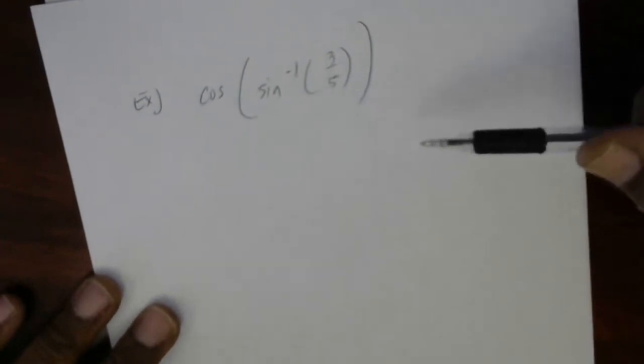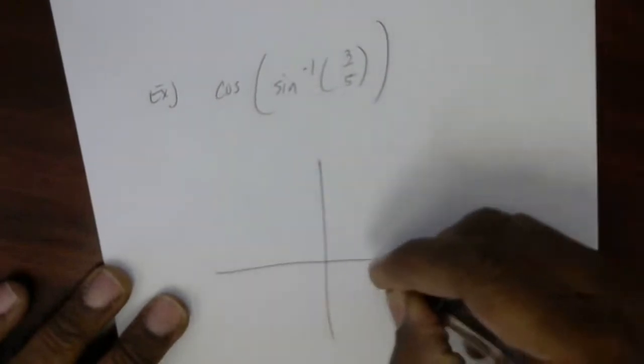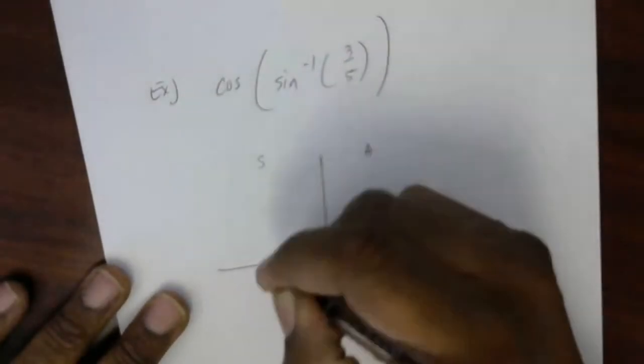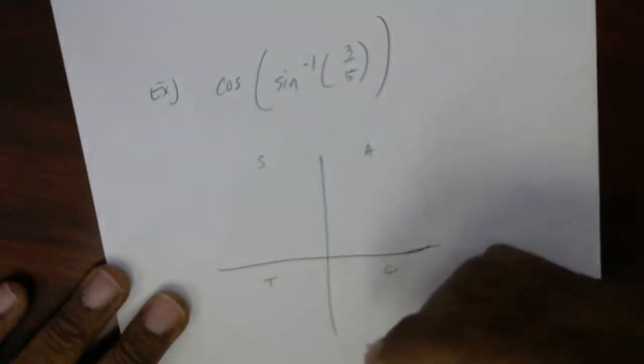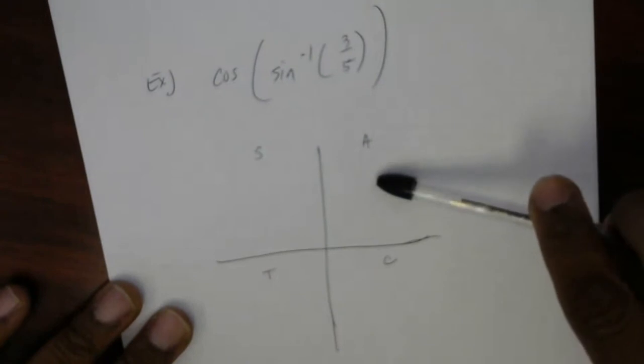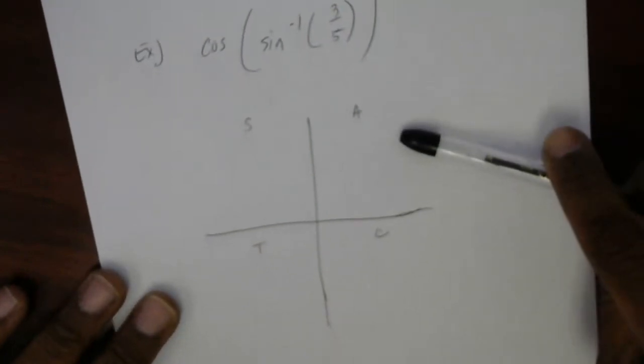Now keep in mind when you sketch out triangles, this is one thing that always applies. All students take courses, right? That alludes to the fact that in the first quadrant, all 6 trig functions are positive.